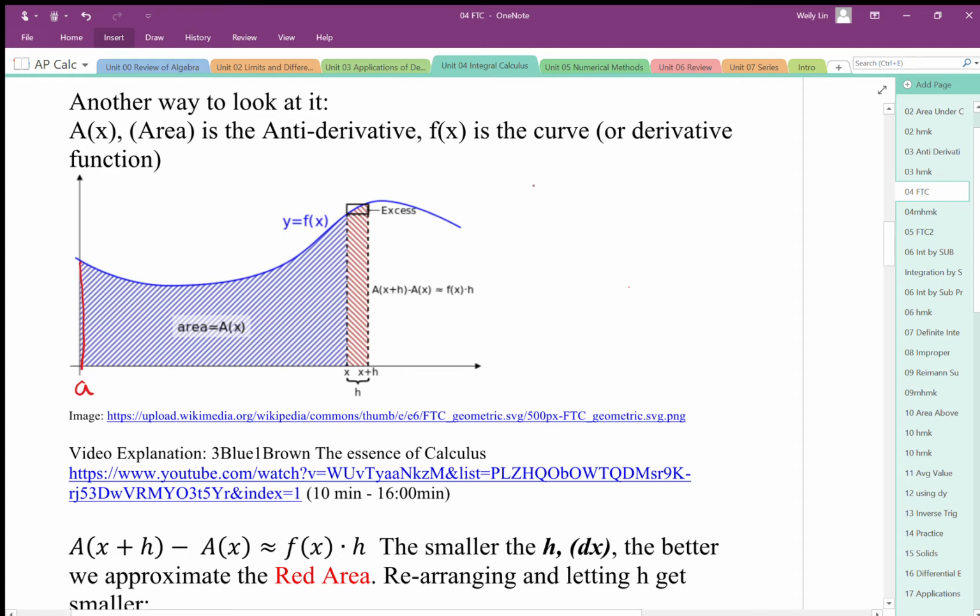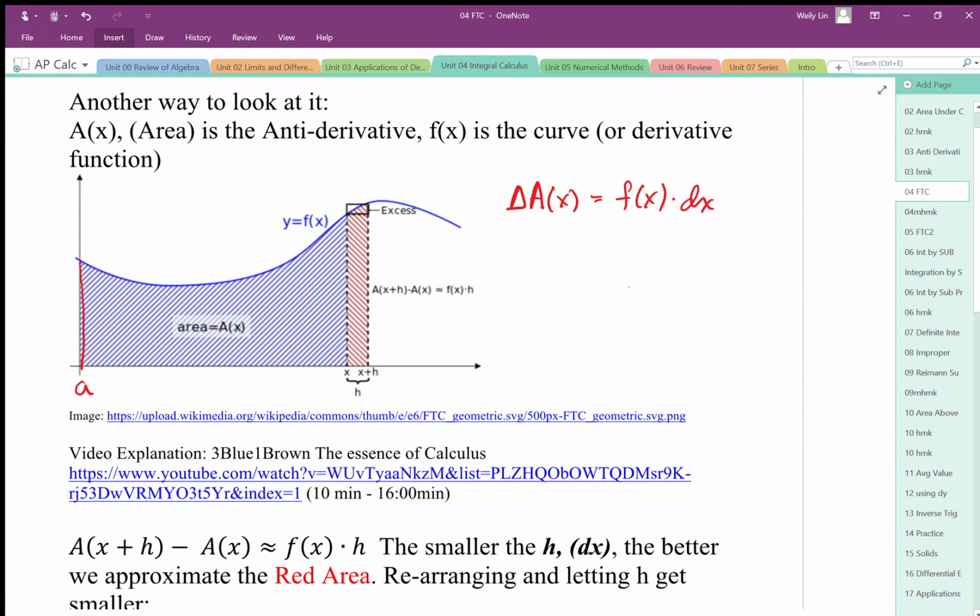So I'm going to say that that little red bar is change in A of x. And that change in A of x, essentially, and there's a little bit of error in there, is going to be f of x, or the height of the graph, times the width here, which is dx. In this case, it's been labeled as h, but we see it as dx.